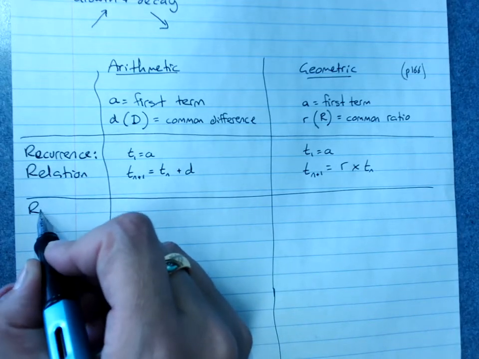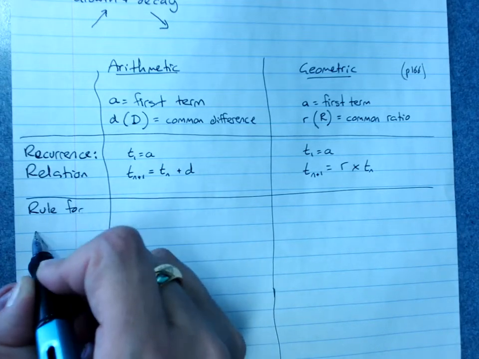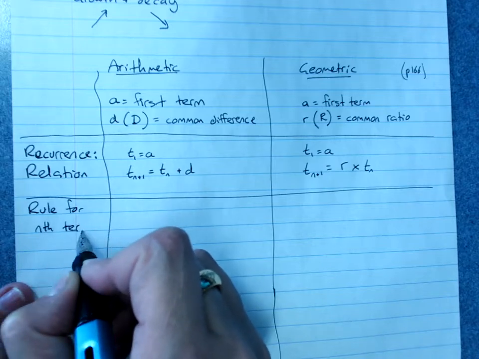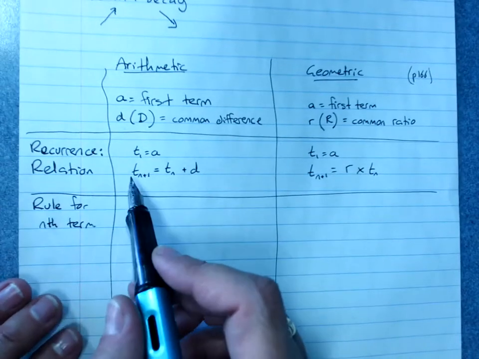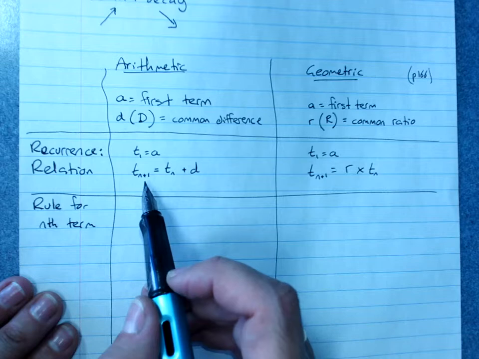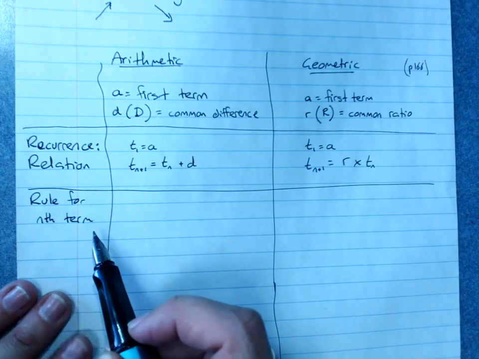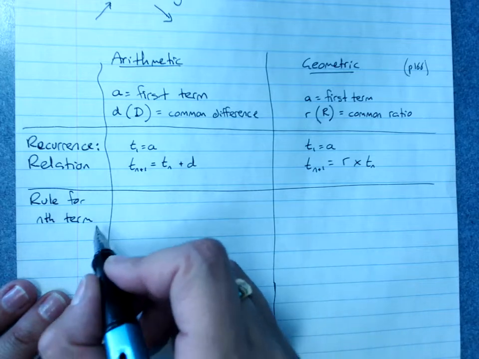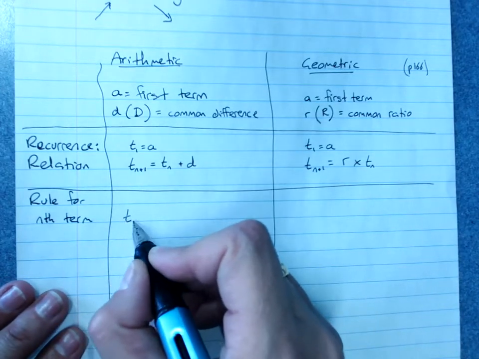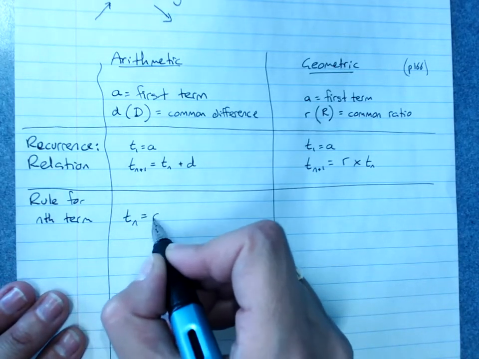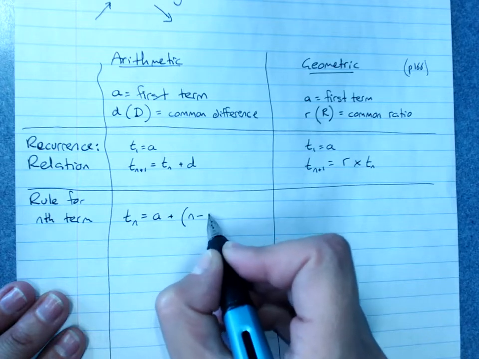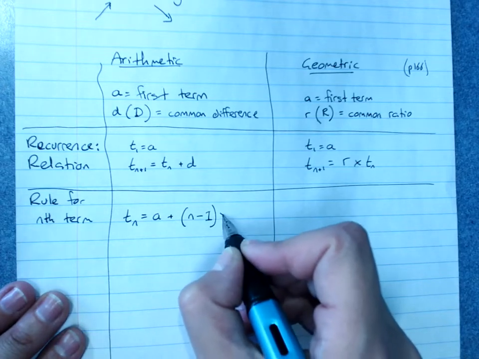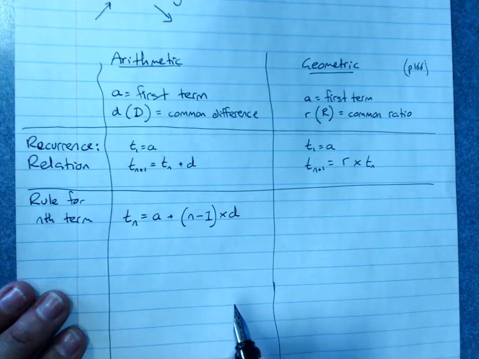A rule for the nth term. So you'll remember a recurrence relationship is about going from one term to the next term. The rule for the nth term is about finding any position of the term. For arithmetic sequences, this is Tn equals A plus n minus 1 times the common difference.